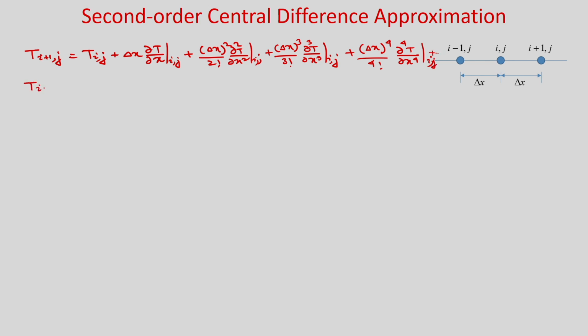And T i minus 1 j you can write as T i j, where wherever delta x is there you put minus delta x, and then you will get this expansion.